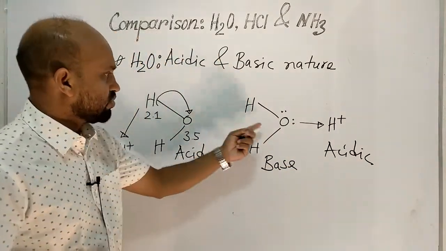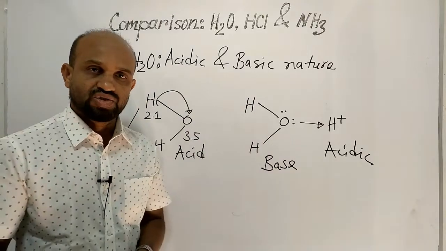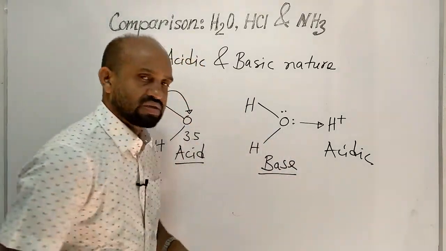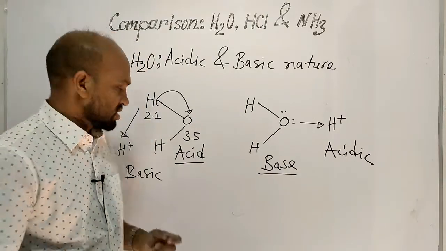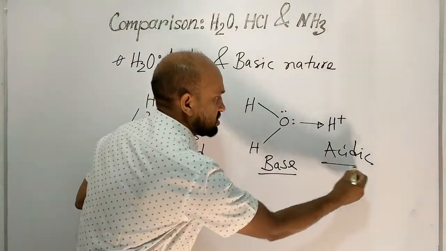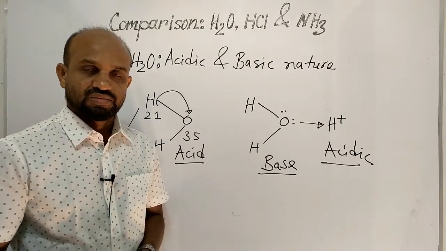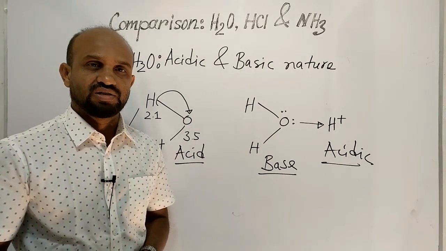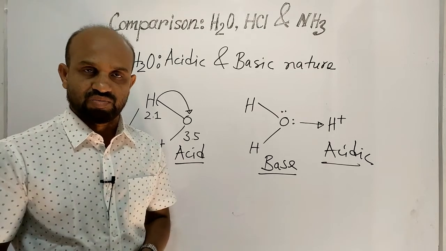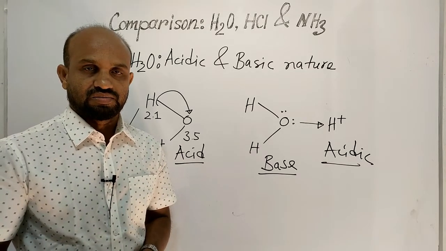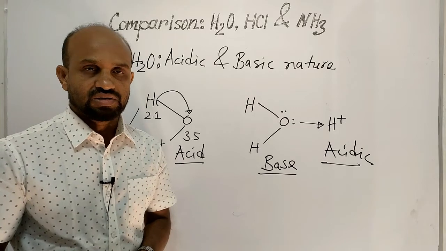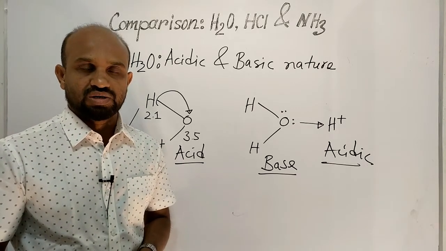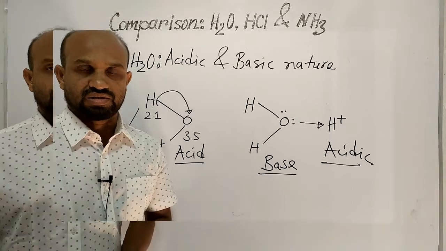So water is a compound that can show acidic and basic character in basic and acidic medium. This is the amphoterism of water. That means water is a kind of amphoteric substance. At the end of the lesson, we will show the amphoteric character of water with reactions.